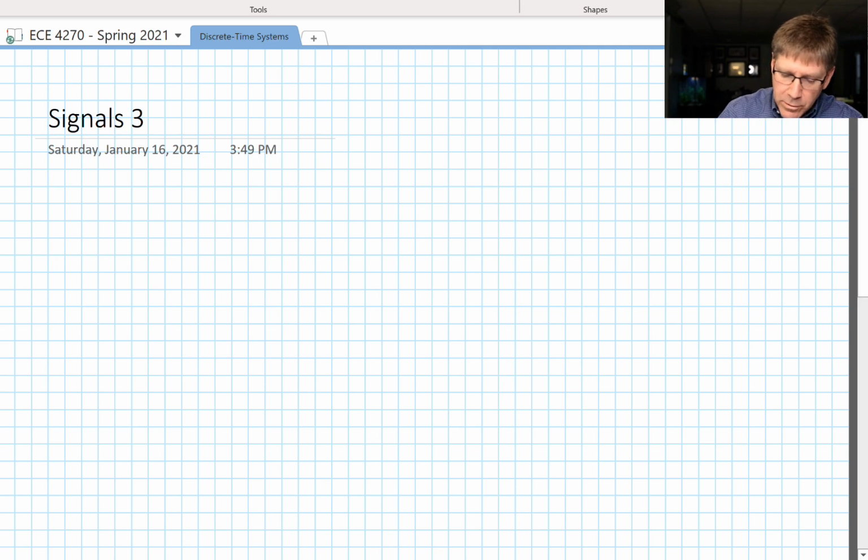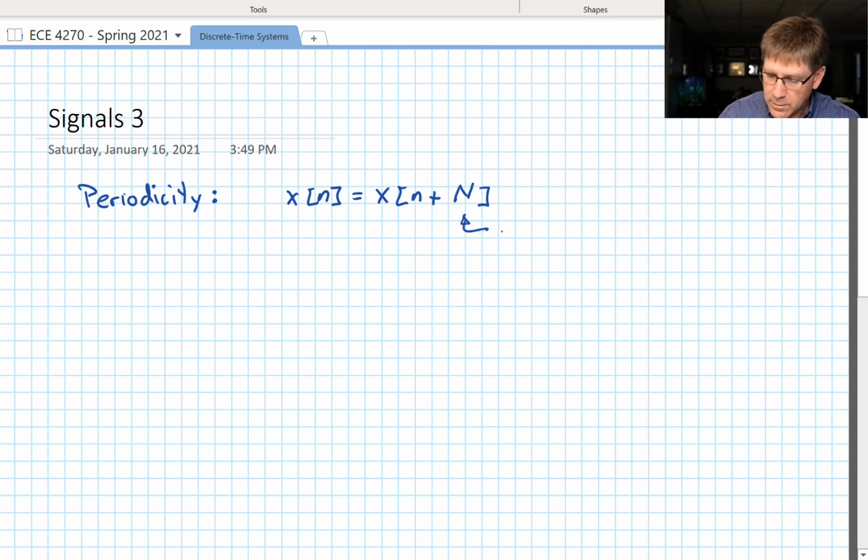Okay, a few other concepts that we should cover about signals. One is periodicity. So for a discrete time signal, we have a periodic signal if x of n plus capital N, which would be the period and is also an integer, is equal to x of n.